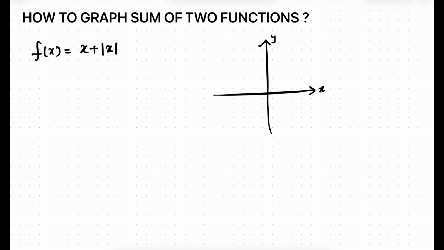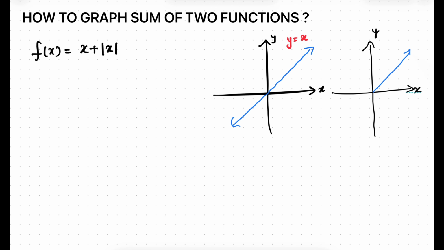Let me draw the graphs. For y equals x, you're going to have something like this. So this is the y equals x graph. Whereas for y equals modulus of x, it is going to be a V-shaped graph.